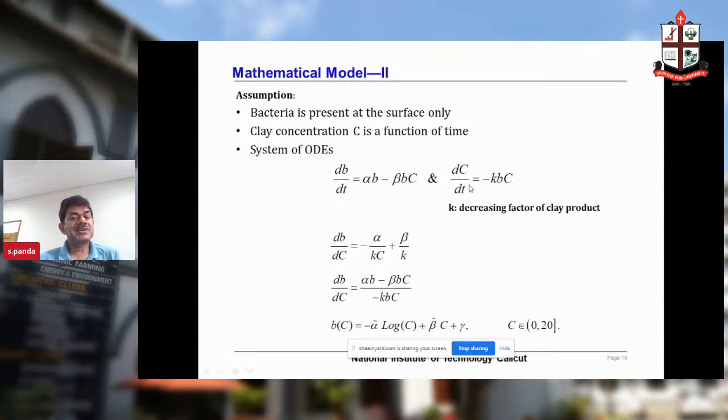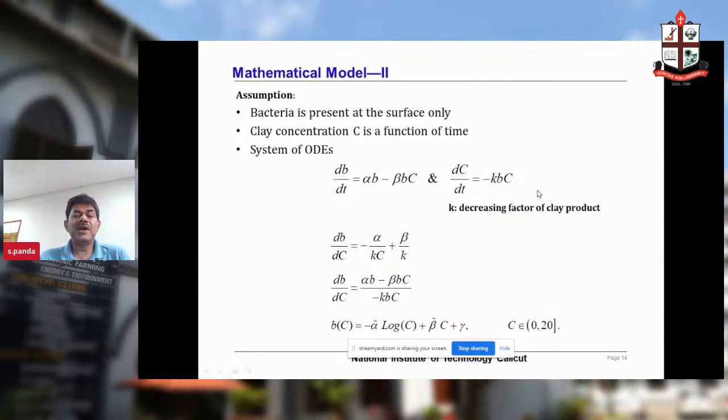But another interesting thing is how many hours this chemical will work. After maybe 1 hour, after maybe 5 minutes, after maybe 20 minutes, the effect has to go, it has to diffuse. It will not work anymore. So the quality of the chemical, which brand, that matters. So the chemical also has to decay with respect to time, and the bacteria population has to also decay with time. So now I have the coupling effect here.